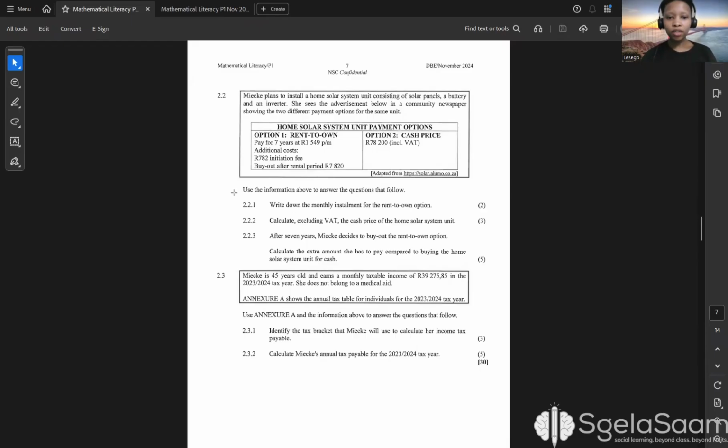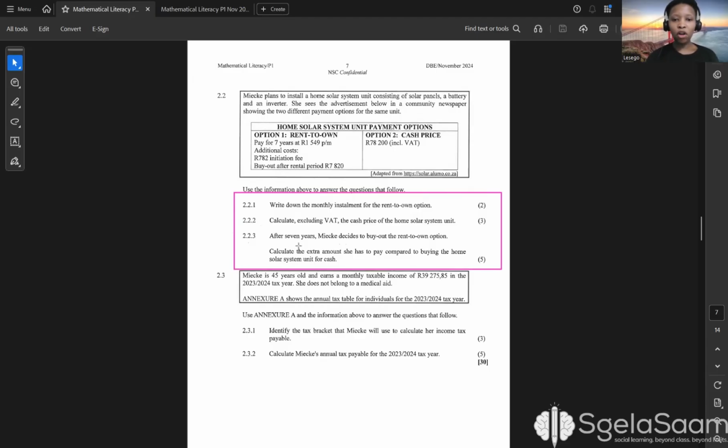So question 2.2.1 says, write down the monthly installment for the rent to own option. And 2.2.2, calculate, excluding VAT, the cash price of the solar system unit.